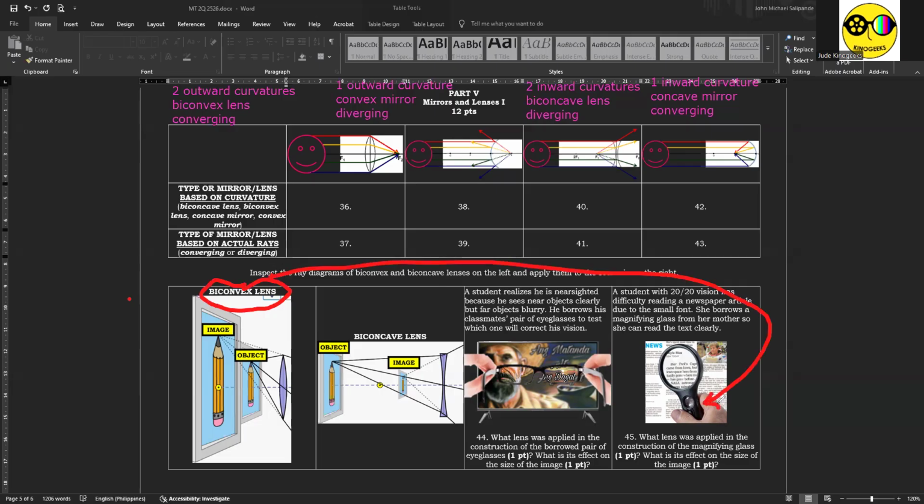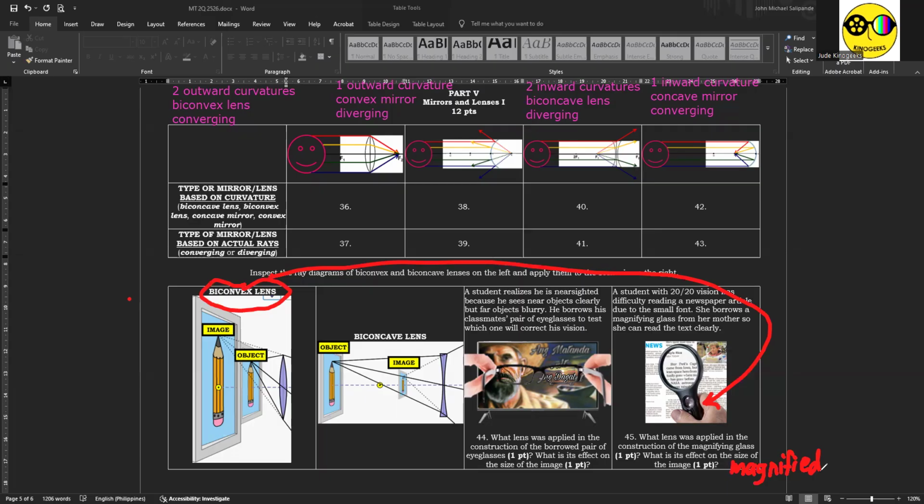And that makes sense because the purpose of the magnifying glass is to actually magnify very small objects. That's why the effect on the size of the image is magnified or enlarged. Okay? On the other hand, for the eyeglasses, for the student suffering from nearsightedness, you start with a face that is super big, which is very far from the lens.